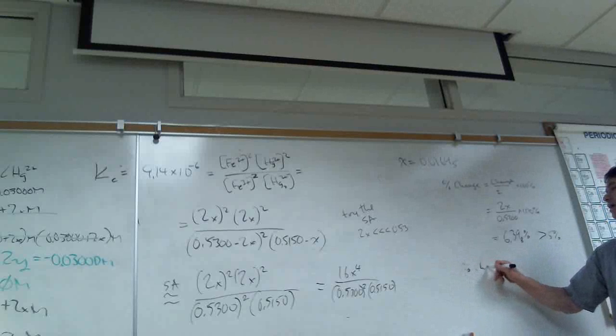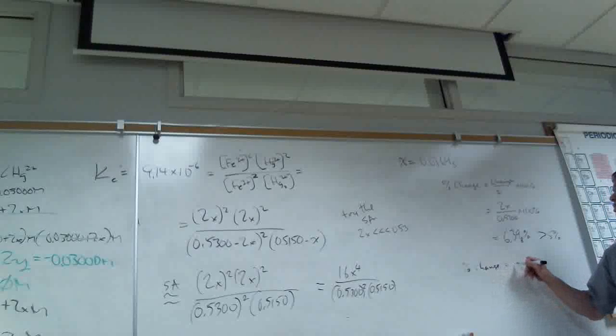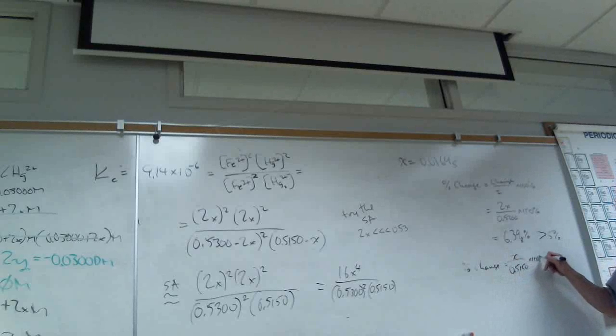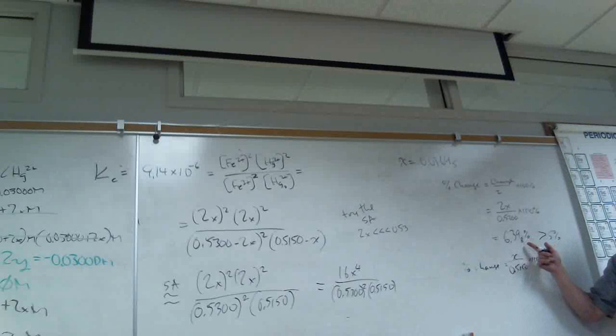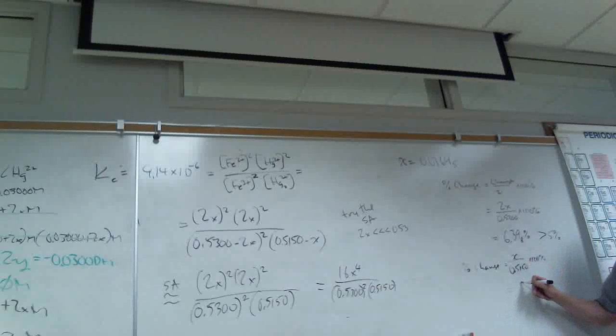And so let's go ahead and calculate the percent change for the other one. The percent change for the other one was x over 0.5150 times 100%. Actually, there's no reason to calculate this. Why? Because if it fails for this one, it's done. You can't use it, right? And then this one's going to be what percent? 3.29?